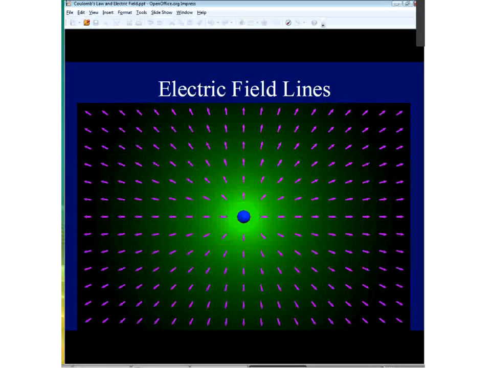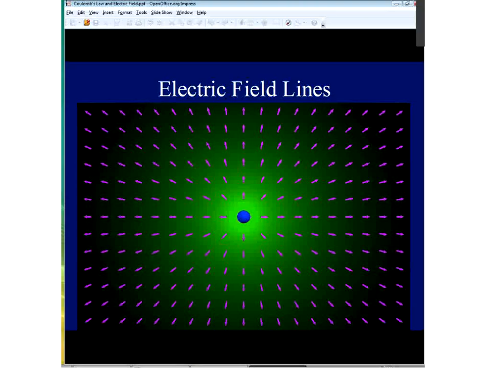So we follow a certain convention. Number of field lines would be proportional to the strength of the charge. Closeness of field lines would mean strong field in that region. And if the field lines are farther away from each other, it means that in that region the field is diluted or weak, then the arrow giving us the direction at a particular point.